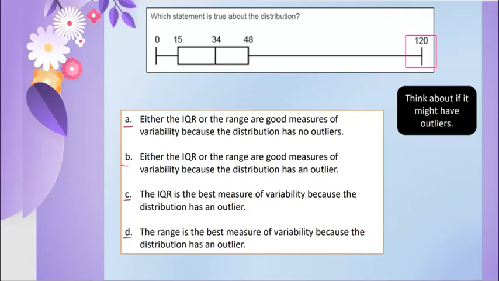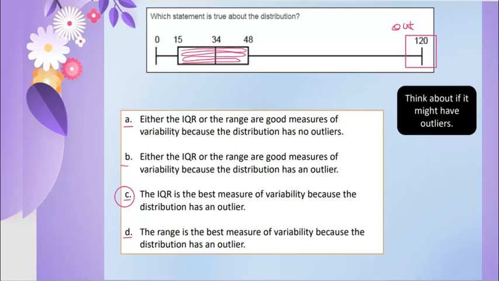So I hoped you picked C. This definitely is an outlier. That's an outlier. So that's going to skew our data. And the best measure of variability is going to be this measure here, the 48 minus 15.